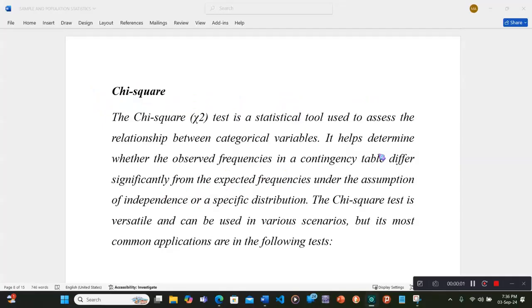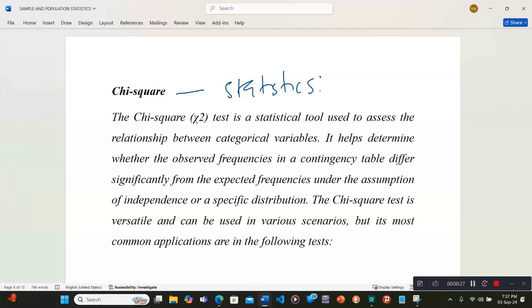Hello members, in this video we are going to look at the chi-square, which is majorly used in statistics. A chi-square is a statistical tool used to assess the relationship between categorical variables.